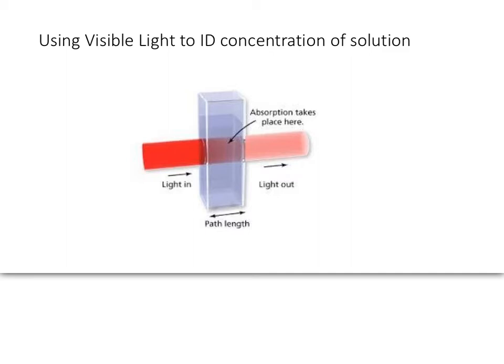Okay, so if you think about, let's say I have a solution, and I put it into this little thing that looks like a test tube that's actually known as a cuvette, which is like a rectangular plastic tube. And I shine light through the solution. What happens is some of that light hits particles and gets deflected or gets absorbed.